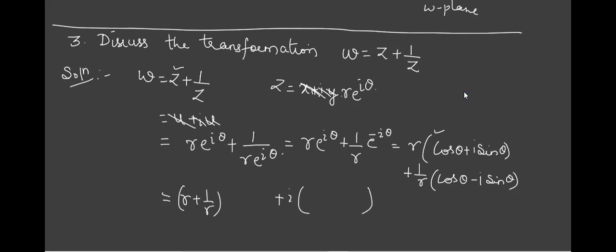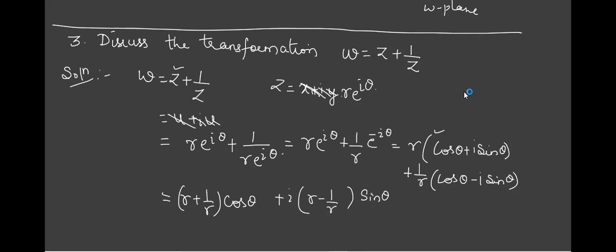So it becomes R plus 1 by R into cos theta. Similarly, the term containing I is R sin theta plus 1 by R into minus sin theta. So what is common? No doubt I we have taken out. What else is common? Even sin theta is common. What will we get from here? You'll get an R. From this term, you'll get a minus 1 by R.